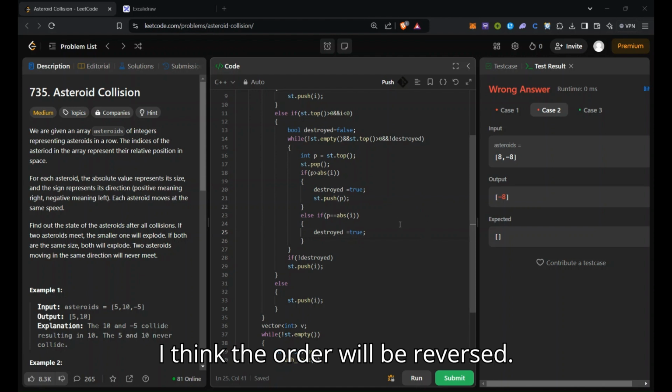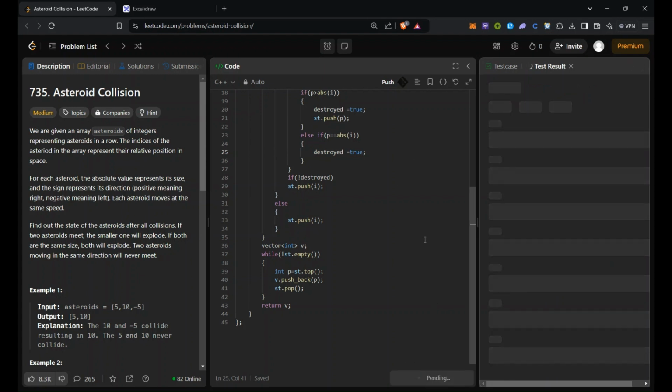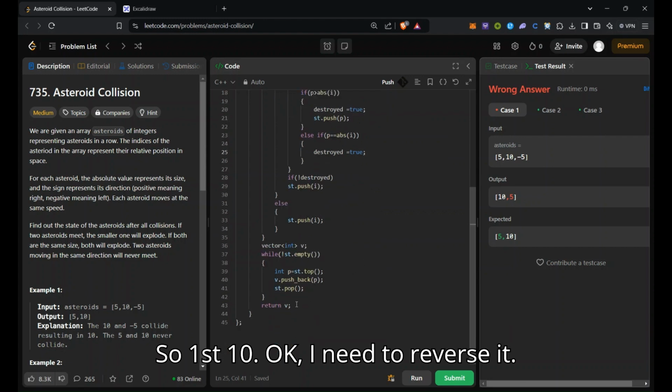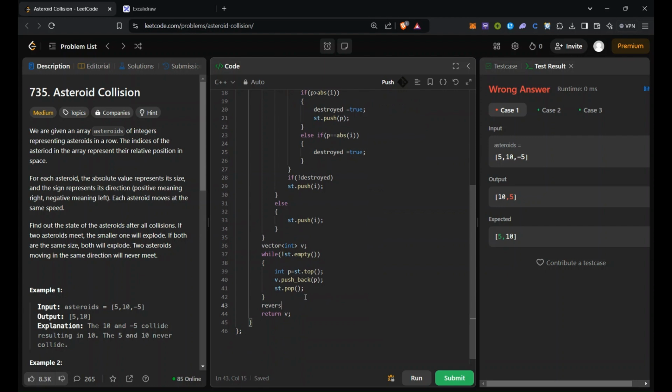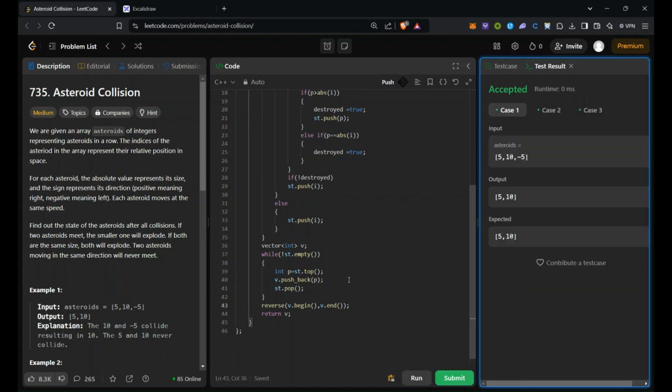I think the order will be reversed. For example, first 5 is there, then 10 came, so first 10. I need to reverse it.